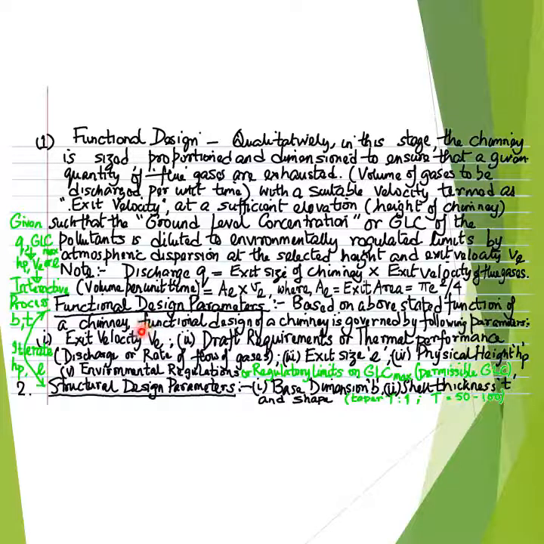The exit velocity of the flue gases, that is the velocity with which the waste gases are discharged or exhausted from the chimney, denoted as V, capital V, subscript E.